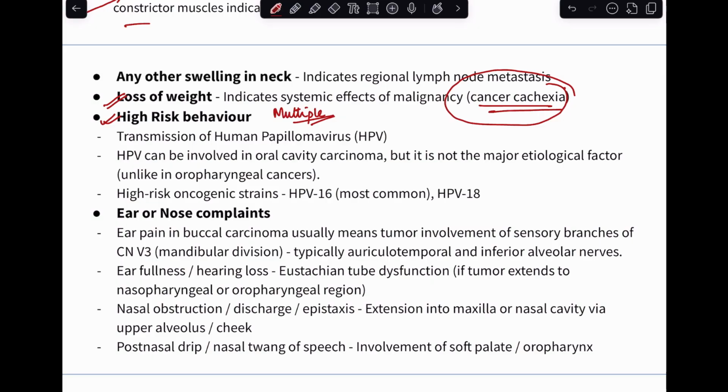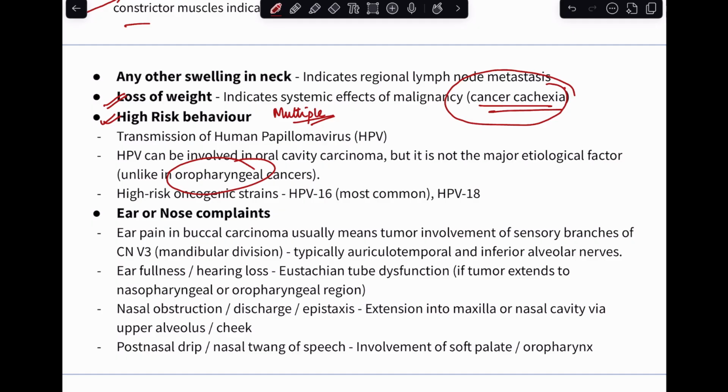HPV is actually not the most common cause when we are thinking of oral cavity cancer, but rather it is more commonly involved in oropharyngeal cancers. The high risk oncogenic strains here are HPV 16 and 18, out of which HPV 16 is more common. So taking a history of high risk behavior is important to find out if there has been any exposure to HPV transmission.